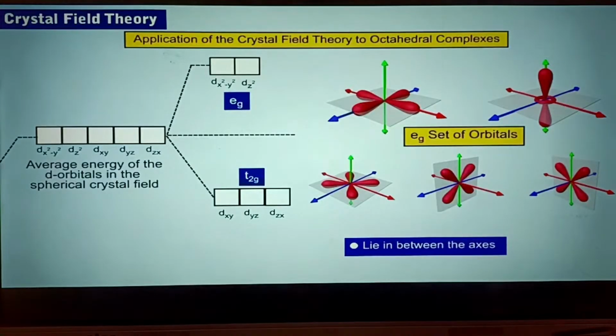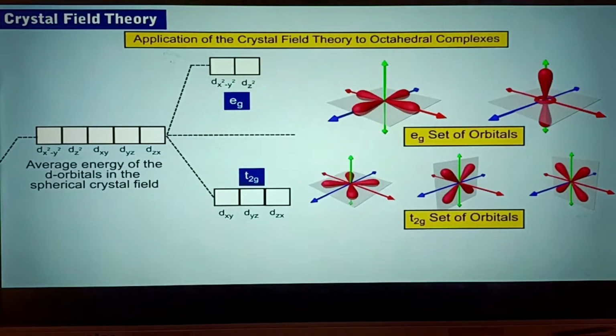These 3 d orbitals are collectively known as the T2g set of orbitals. Consequently, the energy of the Eg set of orbitals increases, while that of the T2g set decreases, relative to the average energy in the spherical crystal field.